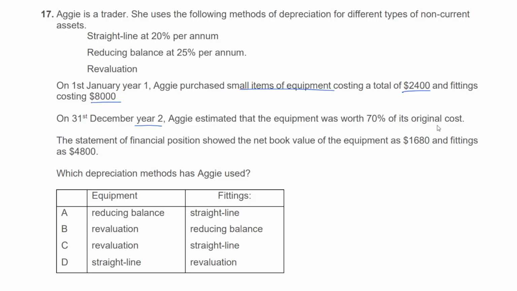The statement of financial position showed the net book value of the equipment at 1,680 and fittings at 4,800. Which depreciation method has Aggie used?